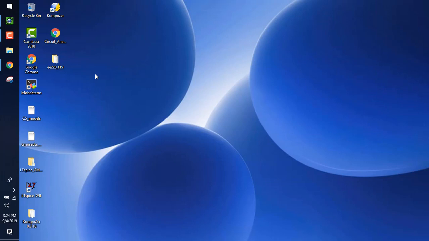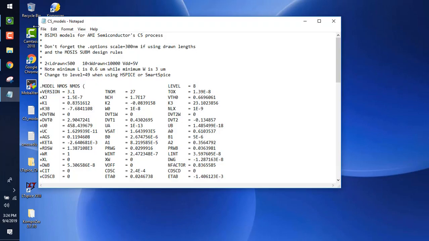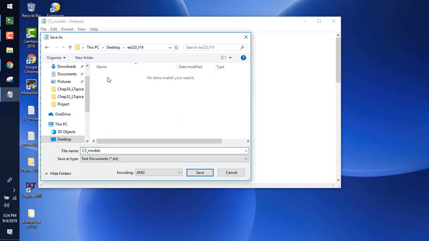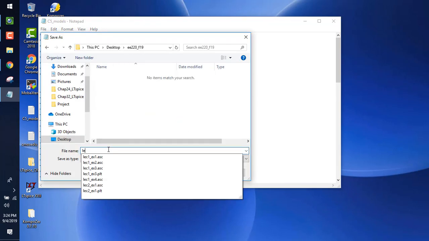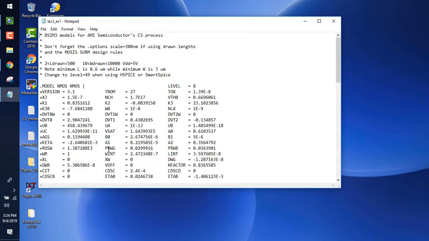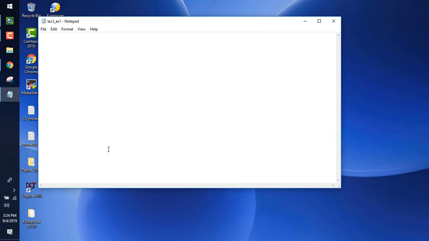Okay, so let me go here, open this, and do File, Save As, and this is lecture. Let's just call it Lecture 3, Example 1. Do a Control A, delete, and then I'm going to put my net list. V1 from V1 to ground, DC 1.5.